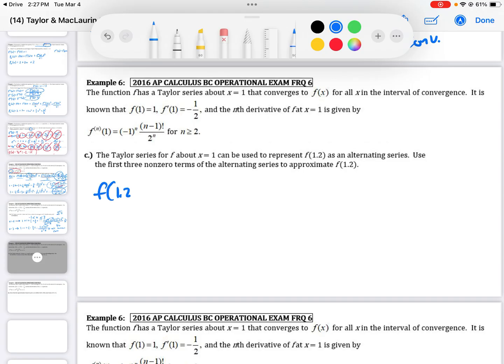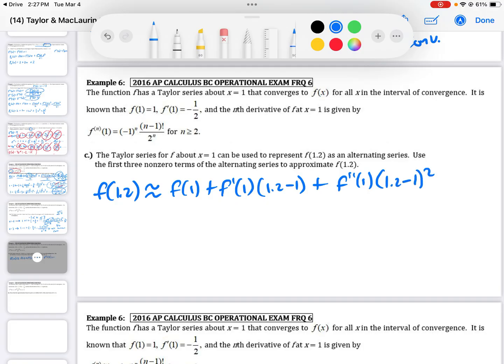So f of 1.2 would be approximately equal to f of 1 plus f prime of 1 times 1.2 minus 1. Just plugging, I'm going to plug in 1.2 for x. Times 1.2 minus 1 squared over 2 factorial. Those are the first 3 non-zero terms.